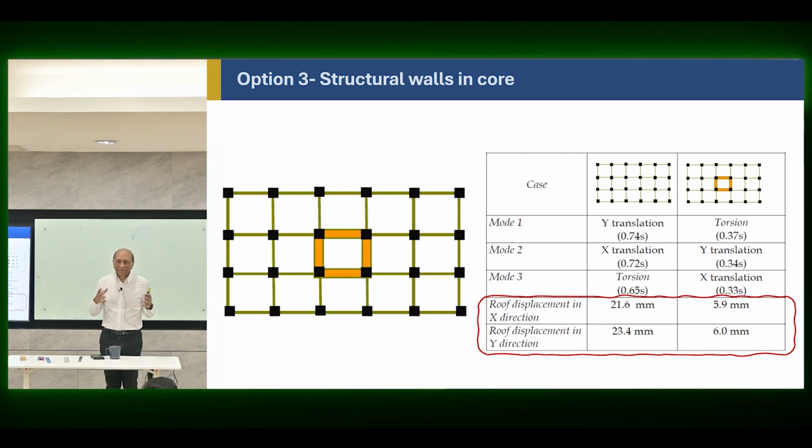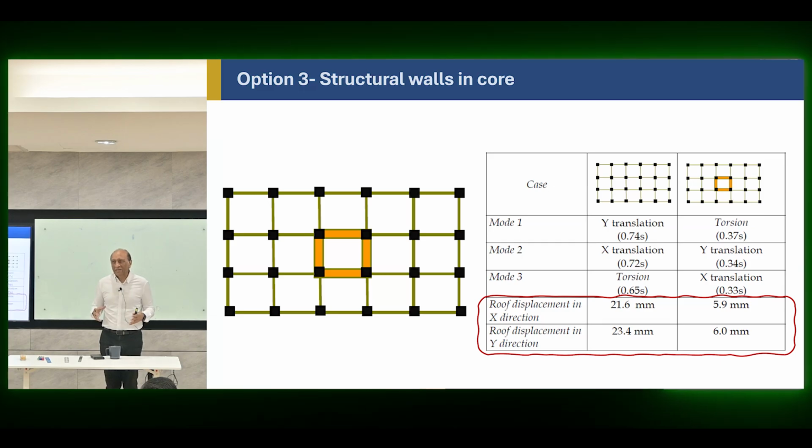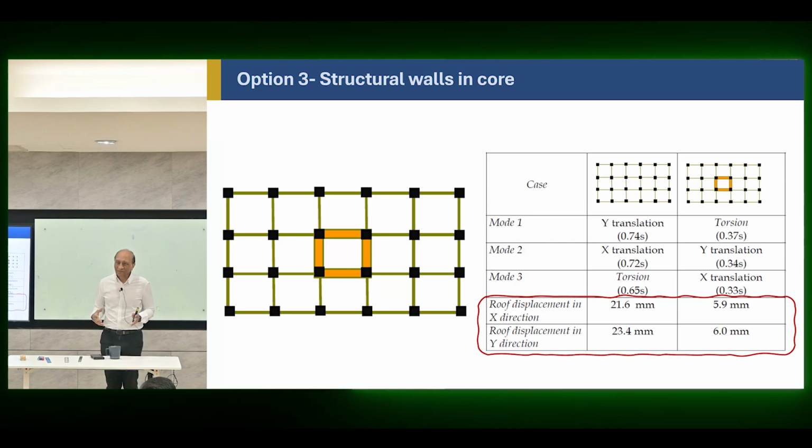And that's why, as I mentioned to you, moving the walls to the core helps a lot, because now they are no longer walls helping the frame. They are four walls helping each other also to create a strong core. So its behavior is now very different.